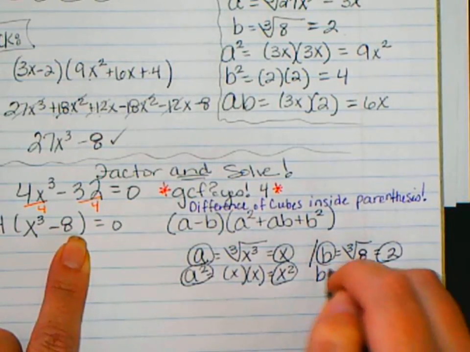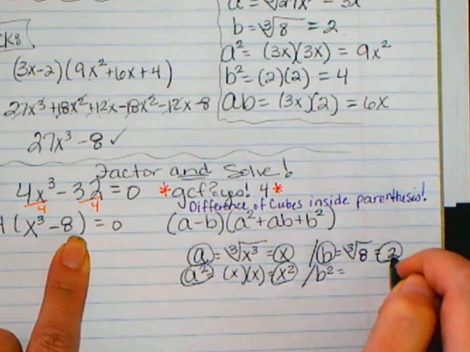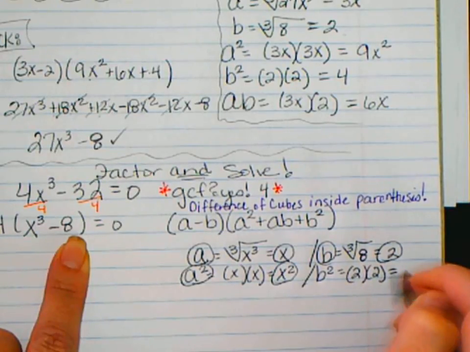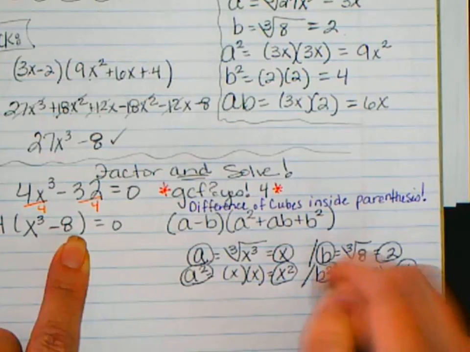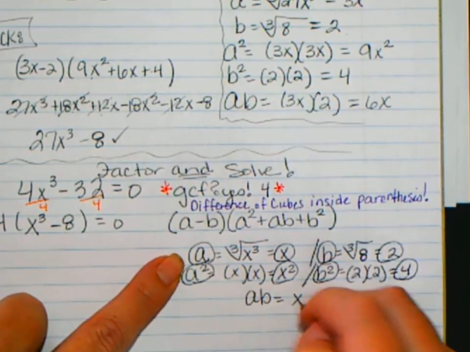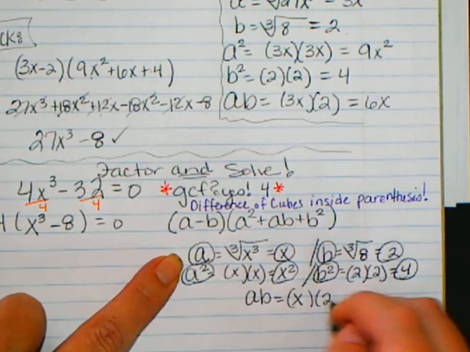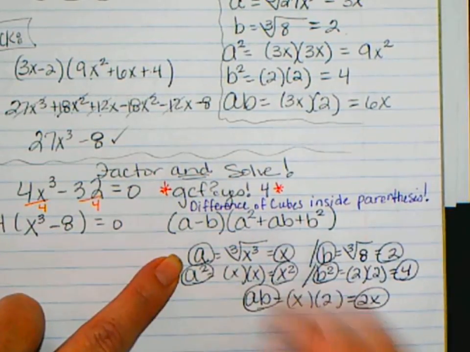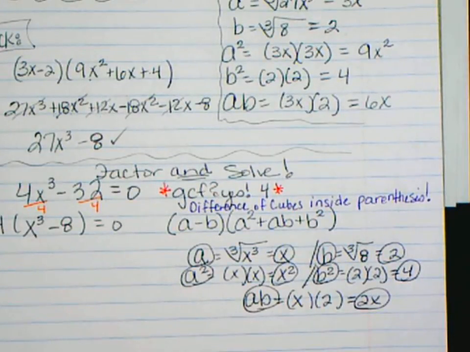And for B squared, take whatever you found for B, square it, and you will get 4. And then we need A times B, so it'd be x times 2 is 2x. Can y'all follow that? Kind of looks like a big jumbly mess.